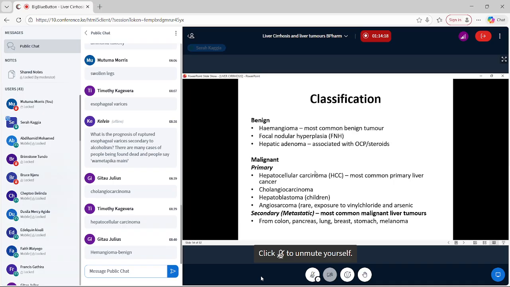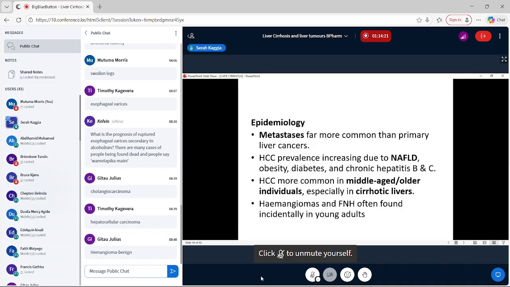Okay, so I'll just deal with a bit of epidemiology. As I said earlier, metastases to the liver are the most common. They're more common than even the HCC, the primary tumor in the liver. For the HCC, prevalence is increasing because of the different diseases like the chronic, in our setup, the chronic hepatitis B and C, okay, and also aflatoxins, which we'll see.